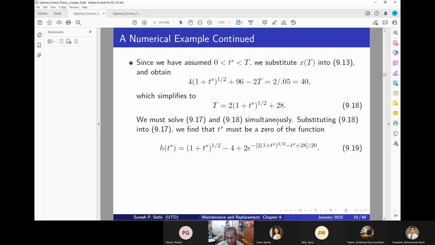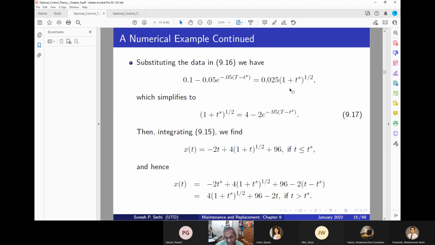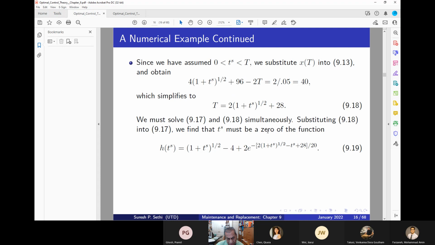So we solve simultaneously, substituting 9.18. Because this is solved for T, I can substitute that equation in 9.17, which is that one. And we can only have an equation just in Ts, because capital T has been eliminated by 9.18.